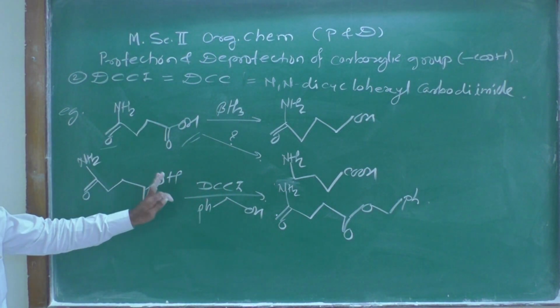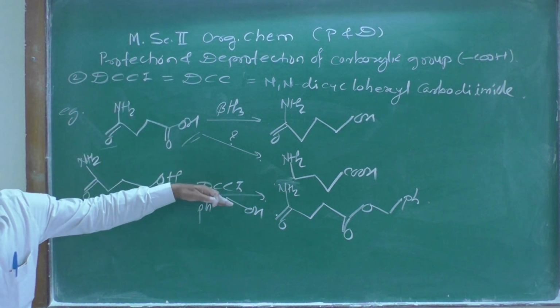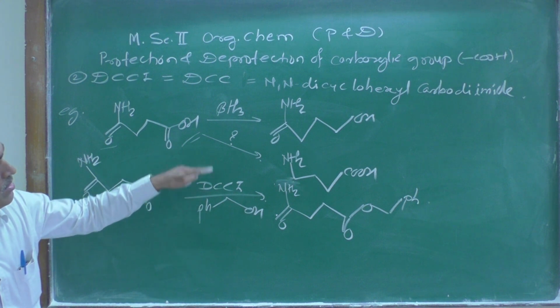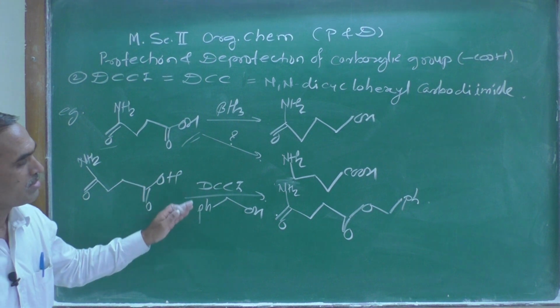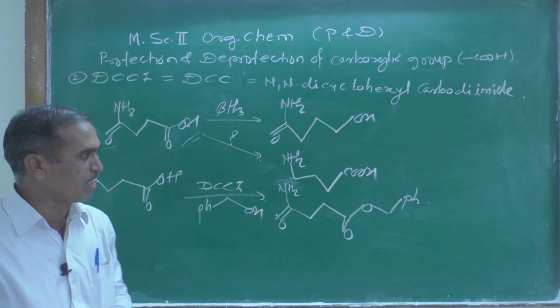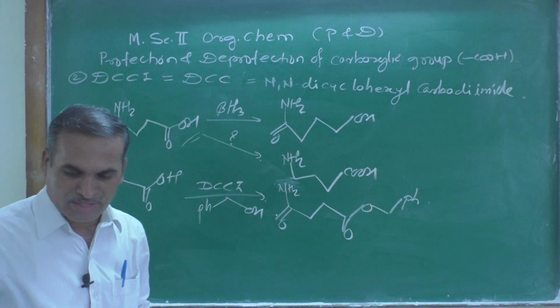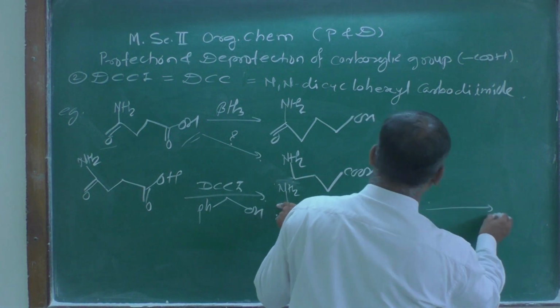We protected the carboxylic group by using a suitable reagent. We have used the reagent N,N'-dicyclohexylcarbodiimide in presence of benzyl alcohol. It gets protected easily, and now you can carry out the reaction.